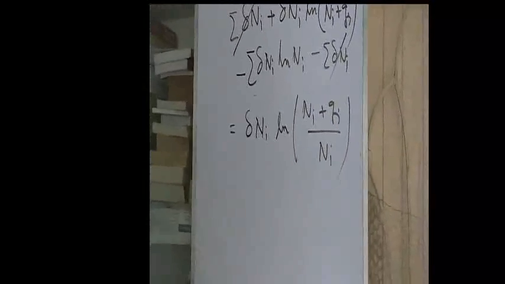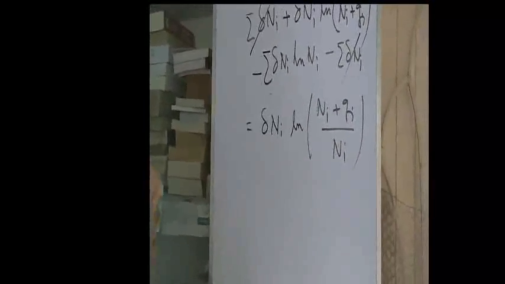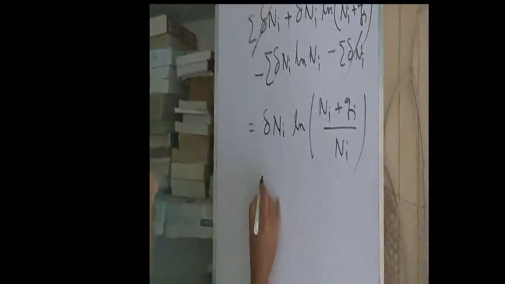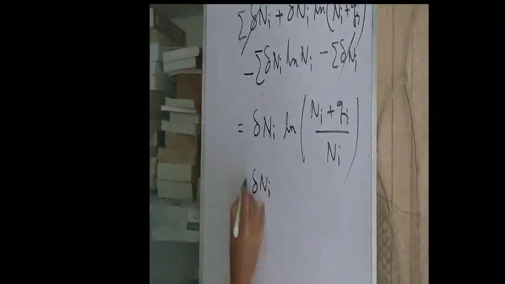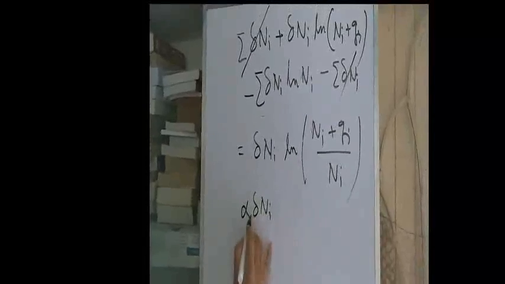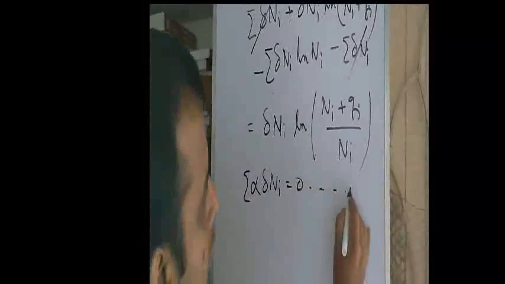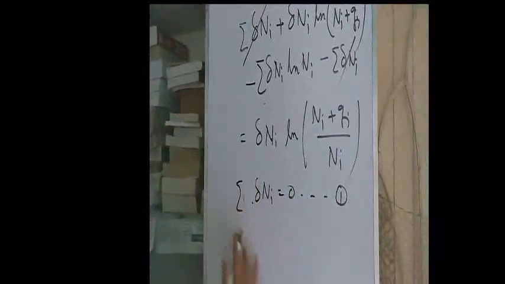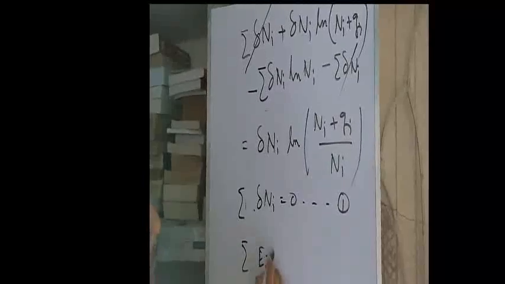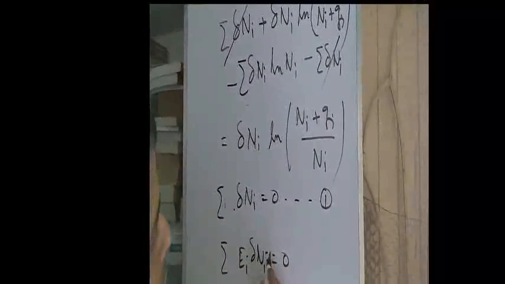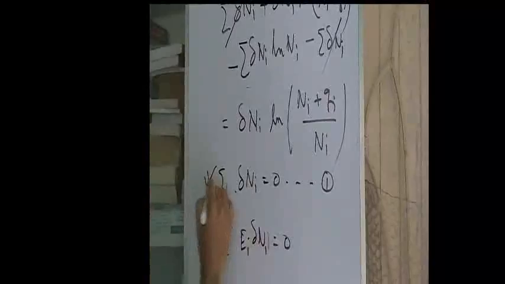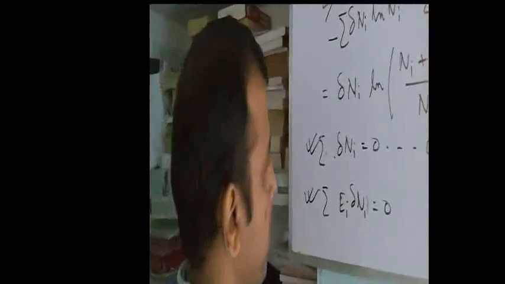And this has to be maximized under the conditions using Lagrange undetermined multipliers: summation of delta ni equals 0, which comes from the conservation of particles, and summation of Ei delta ni equals 0, which comes from the non-interacting particles, so the total energy of the system is constant.